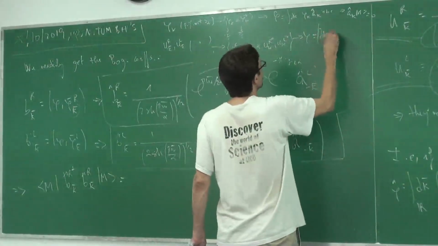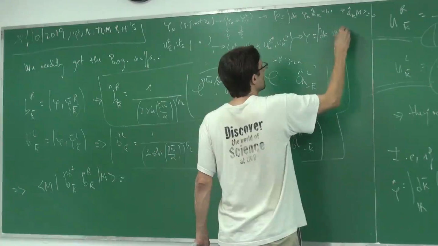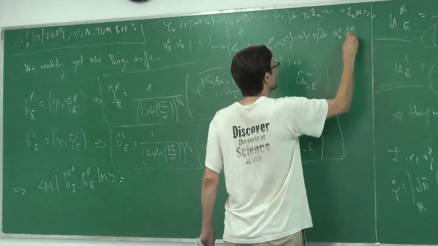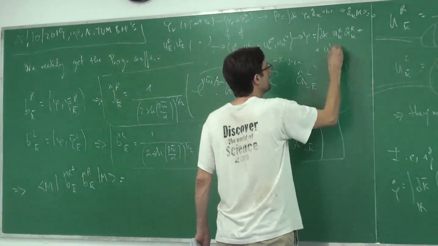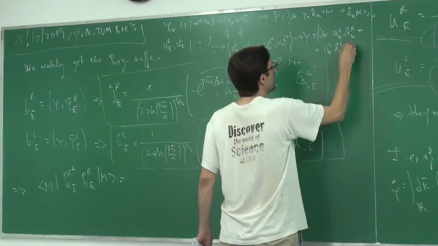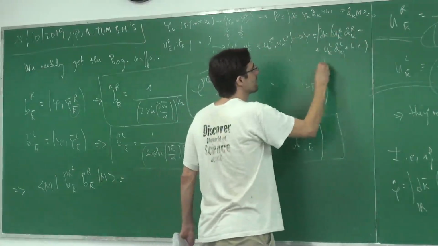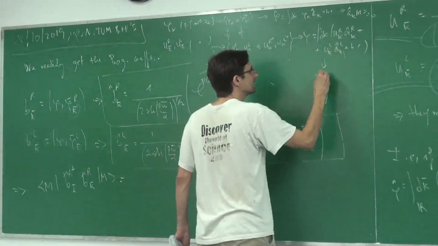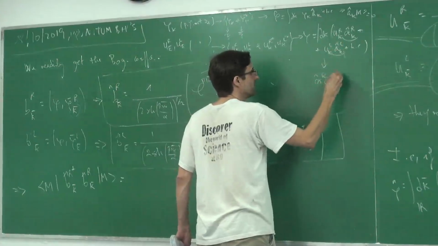You can do the same thing again: the field is expanded in u_k^R with coefficients a_k^R, and u_k^L, plus the Hermitian conjugate. This defines a vacuum, the state annihilated by these operators.